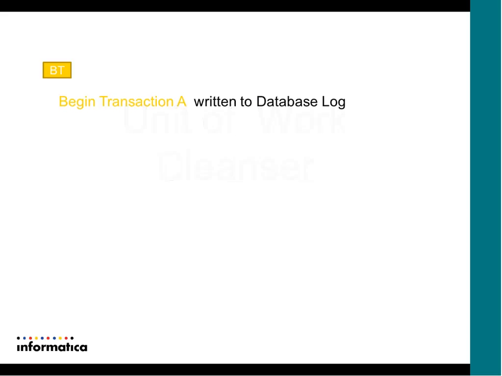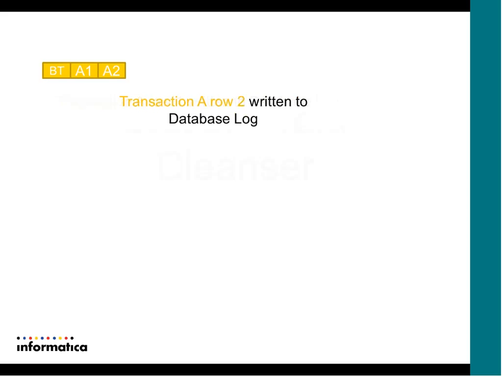It may be called something different, but there will be a begin transaction, and in my little example I have updates to table A here. What we're now seeing are the records as they exist on the database log. This top row up here is the pictorial representation of the database log.